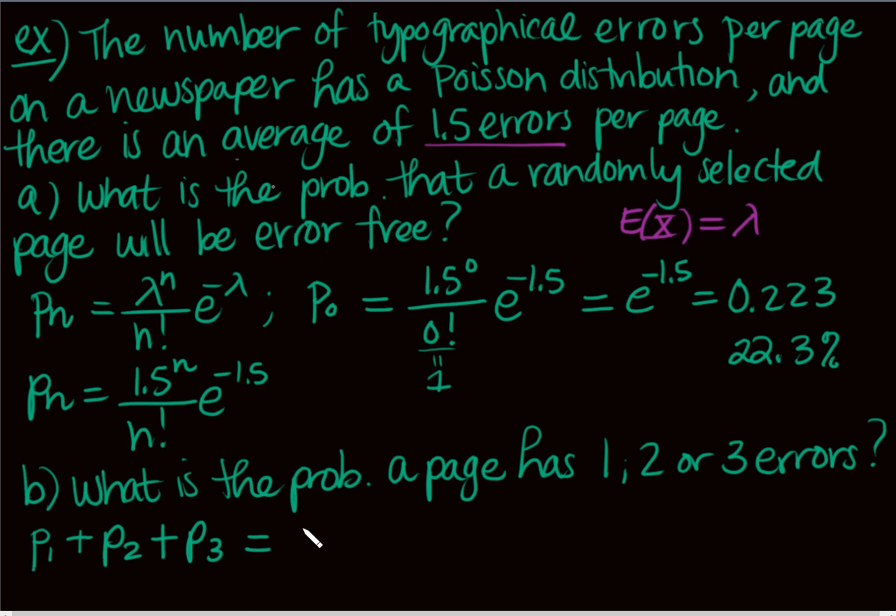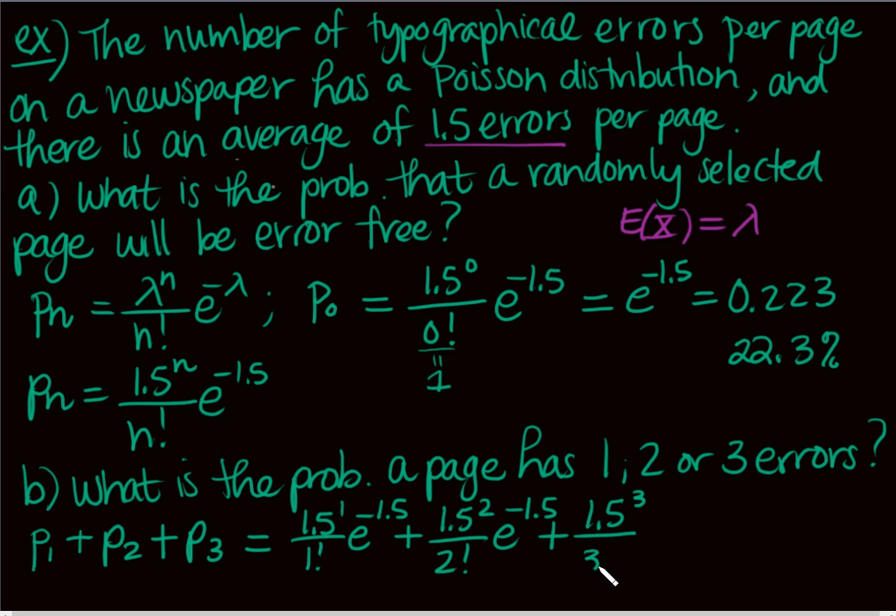So this is going to be 1.5 to the 1 over 1 factorial e to the negative 1.5, plus 1.5 squared over 2 factorial e to the negative 1.5, plus 1.5 cubed all over 3 factorial e to the negative 1.5. When we have an OR probability, what we do is add them all up.